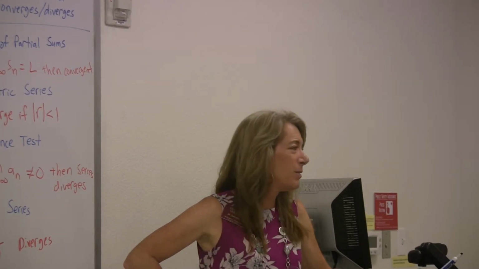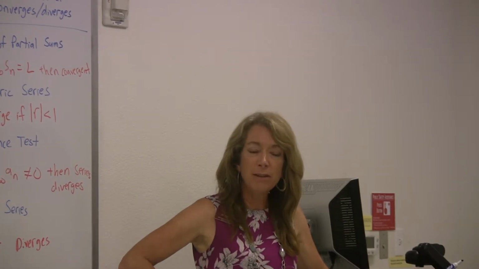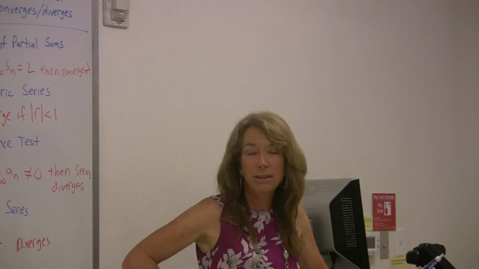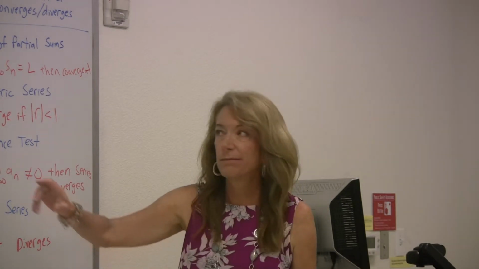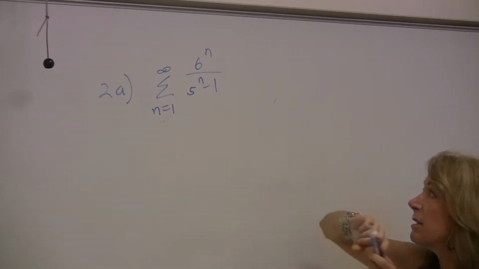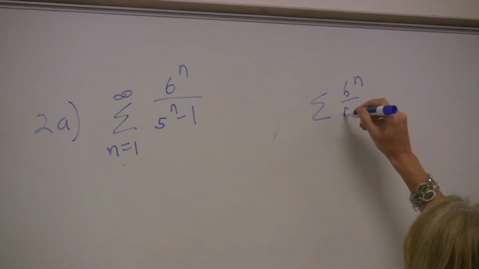So I should compare it to another series. Geometric series. Yeah, maybe a geometric series that looks a lot like it in the long run, but it's not going to really matter in this one. That minus 1 is not going to make much of a difference in the long run. So let's compare it to this series, 6^n over 5^n.